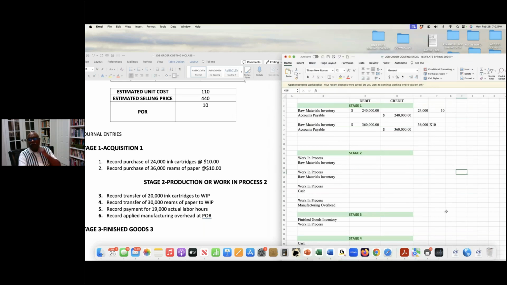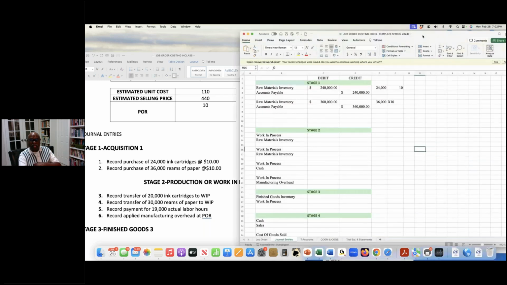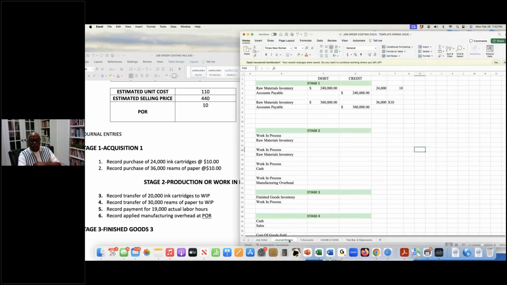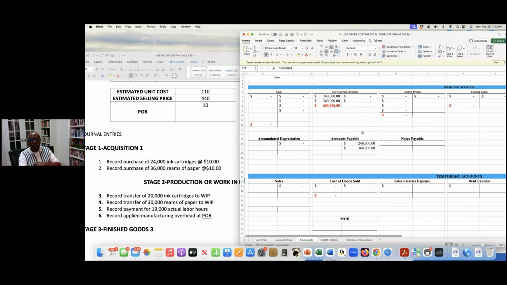So that's stage one where we bought the raw material. The entries were already posted for us, 240 and 360.